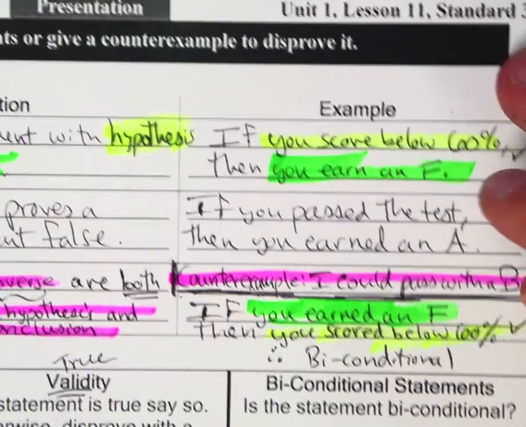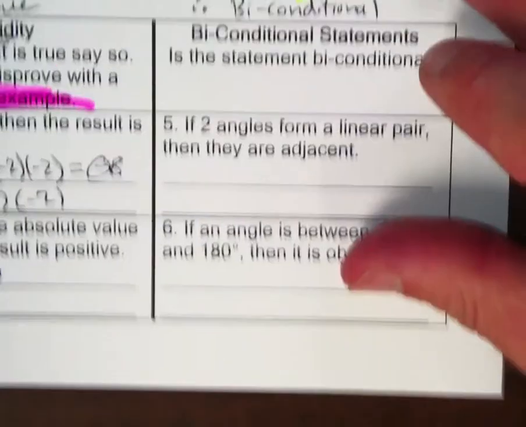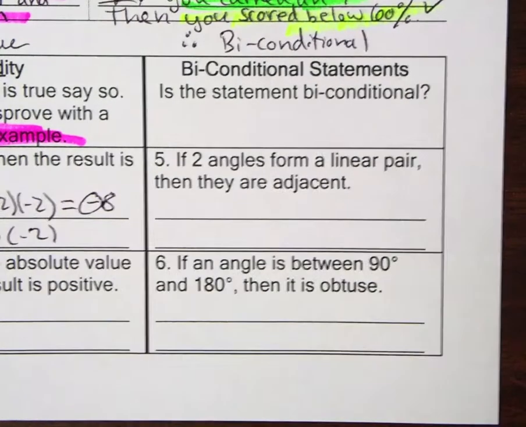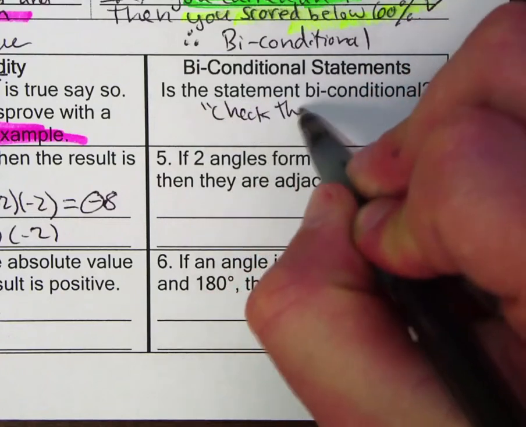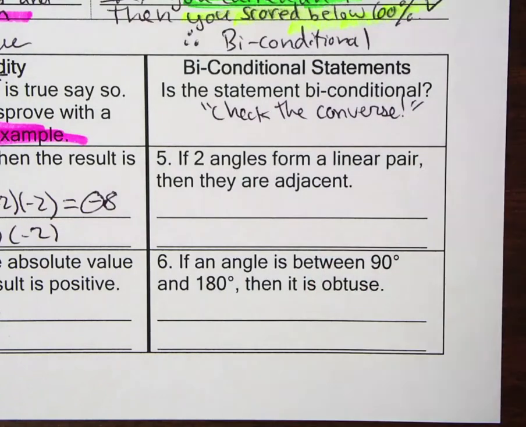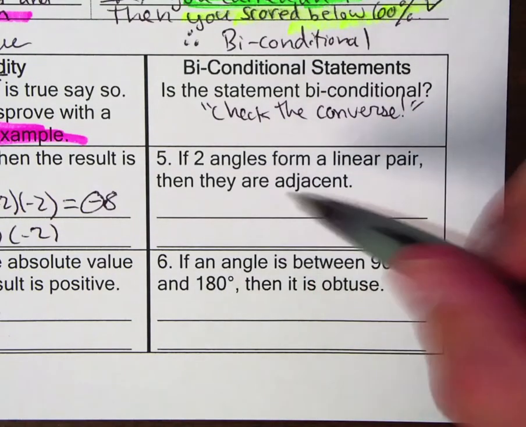All right, last one. Let's take a look here. So we're going for biconditional statements. Is the statement biconditional? How do you do that? You need to check the converse. Now, of course, the original statement has to be true.